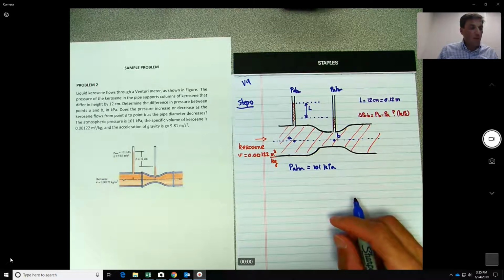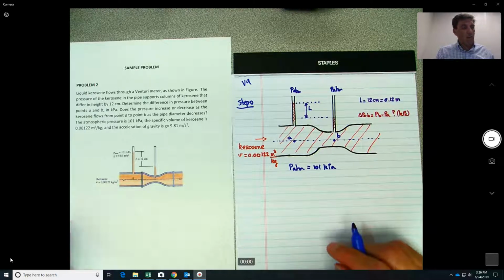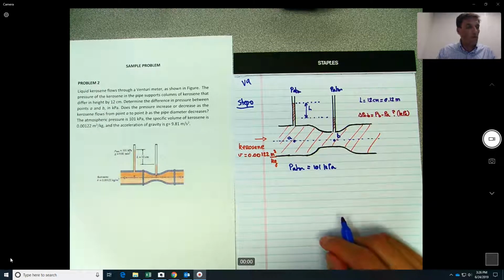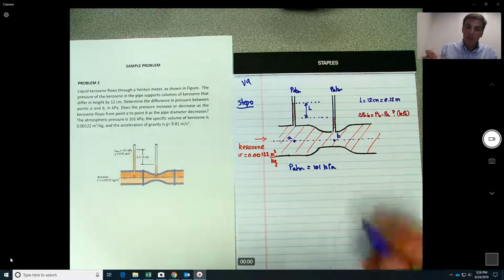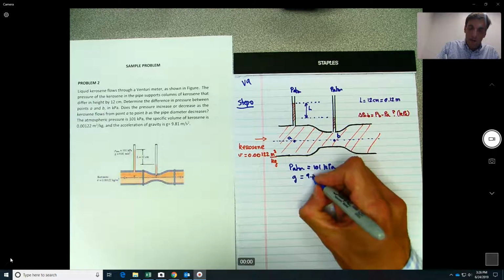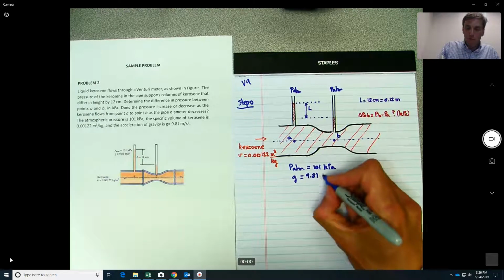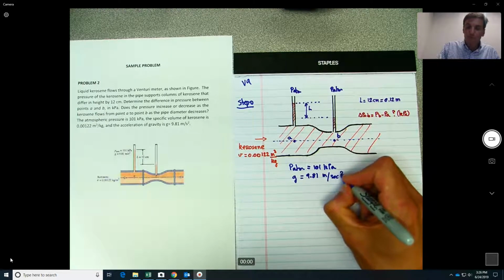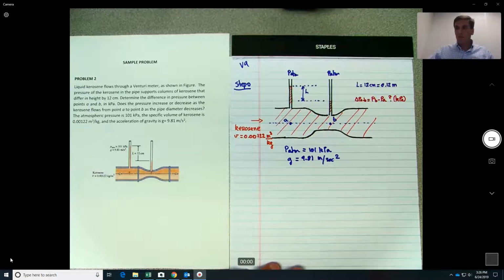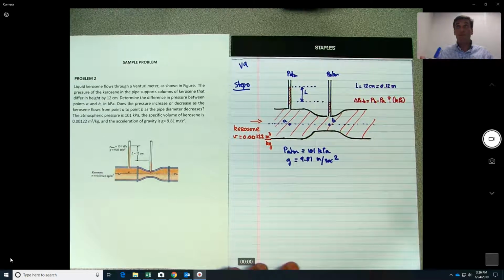The specific volume of kerosene is, so here they have it correct, the units, but wrong on the sketch. So it's 0.00122 cubic meters per kilogram, and the gravitational acceleration is equal to 9.81 meters per second squared. Okay? All right, so this was step 0.